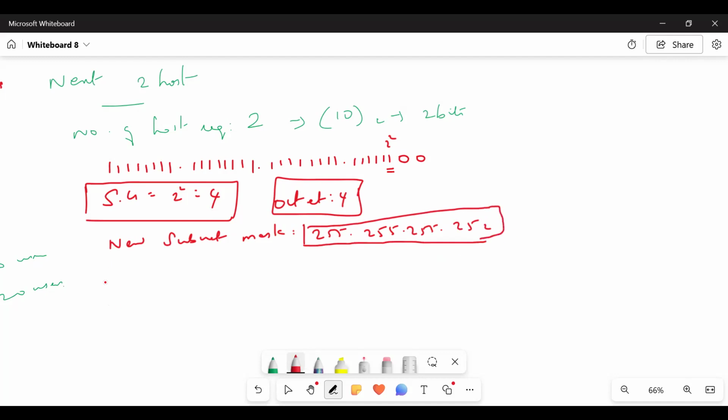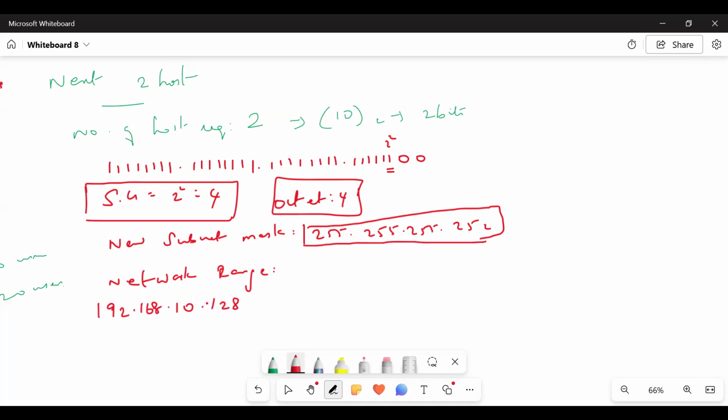Then we can write the network range. We should start from the previous one, that is 127. So next thing is 128. 192.168.10.128.